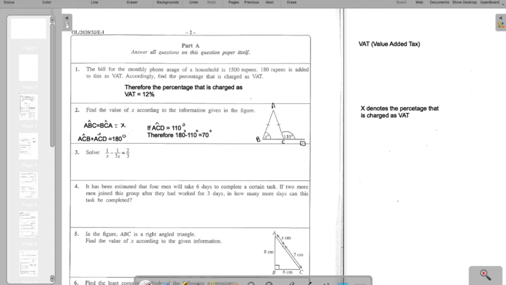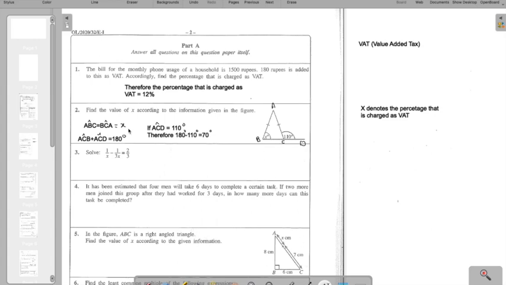for x. So make sure that you're always aware of such things. They say find the value of x. You shouldn't find ACB or ABC, you should find the value of x.